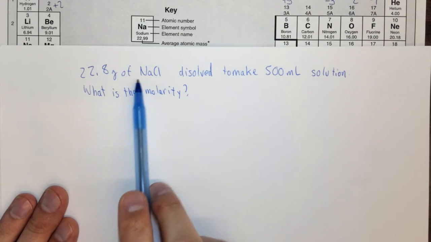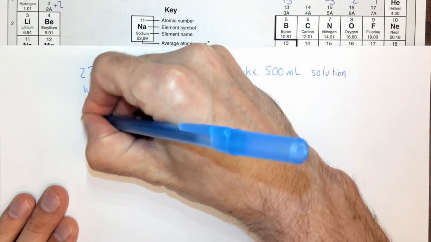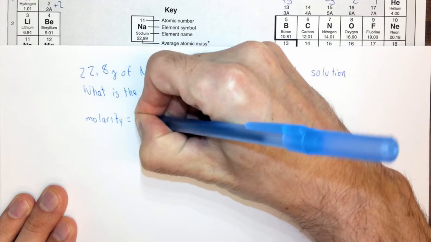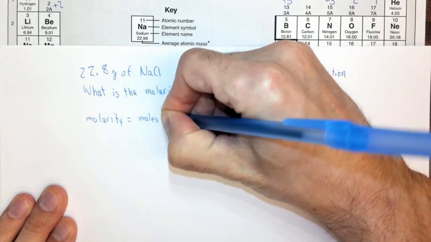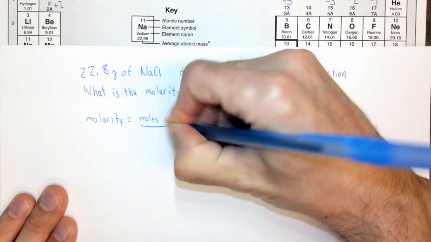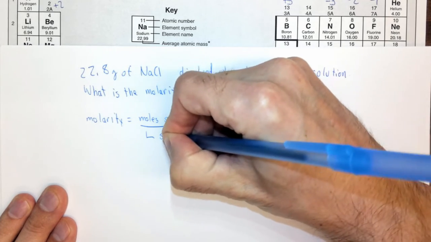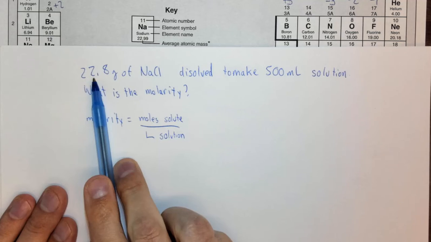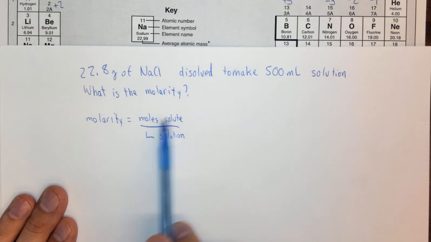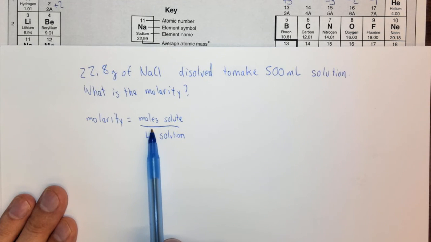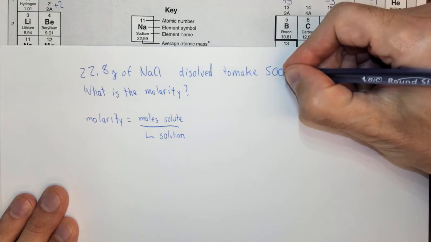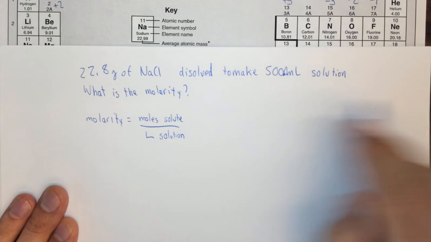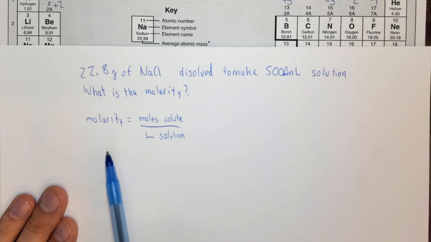In order to find molarity, which you'll recall is equal to moles of solute divided by liters of solution, we could convert grams to moles, plug in, convert milliliters to liters, and plug in. I should make clear that this is 500.0 milliliters of solution, so we have the sig figs correct.